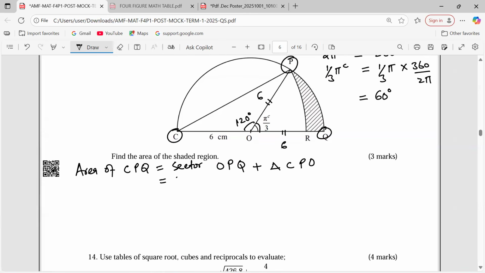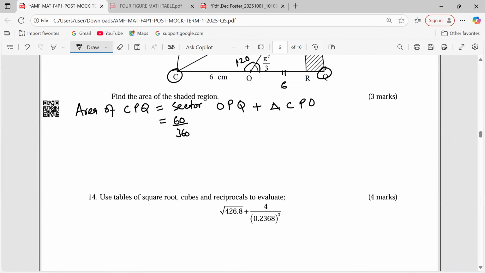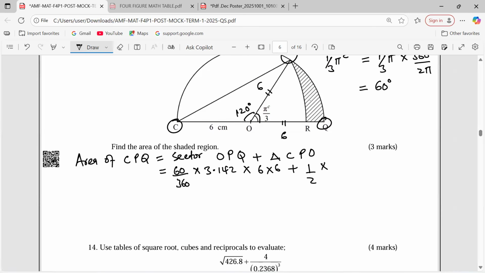This sector we need 60 over 360 pi r squared. Have we been told the pi to use? No. So we can use pi. Then we add, for the triangle we need a half, one side, another side, and sine of the angle between them, that way.